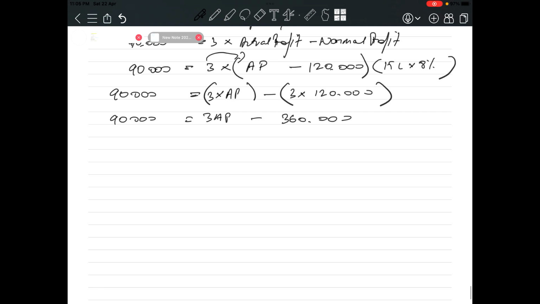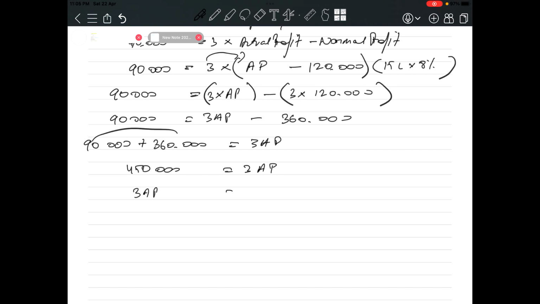Now we will take the 3,60,000 to the left hand side. 3,60,000 plus 90,000 gives 4,50,000. So 4,50,000 is equal to 3 AP. So average profit is equal to 4,50,000 divided by 3.